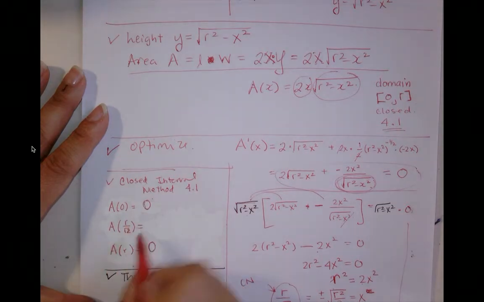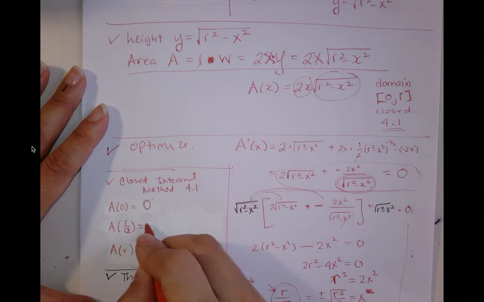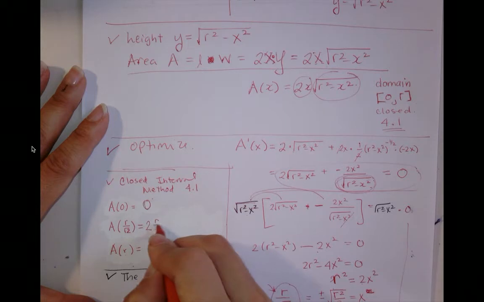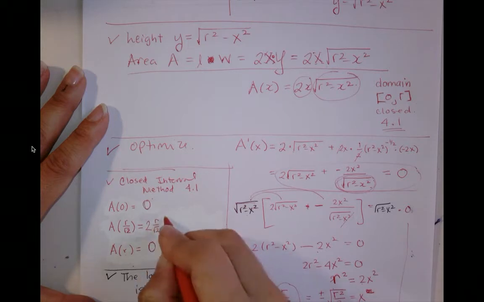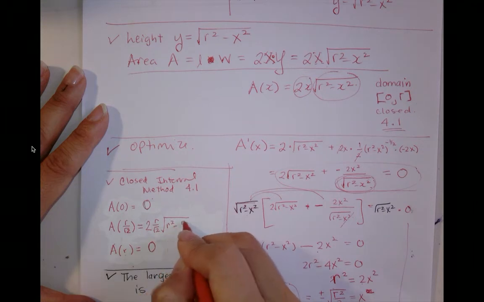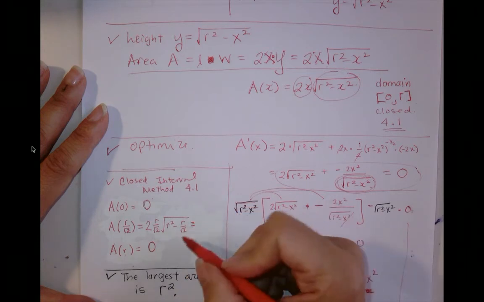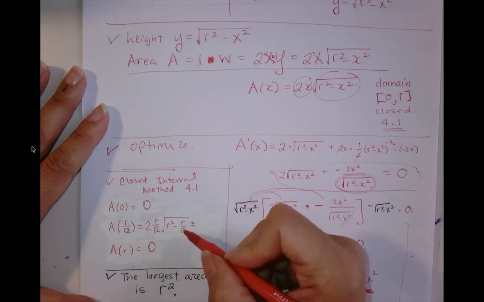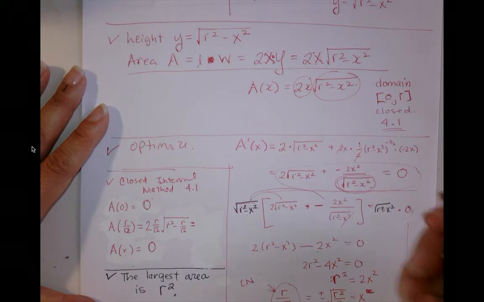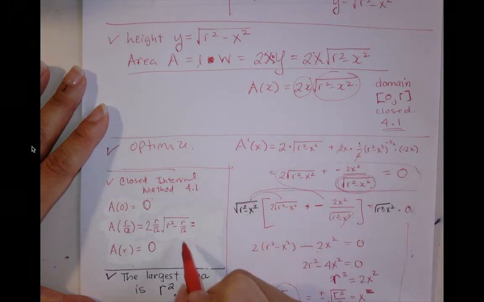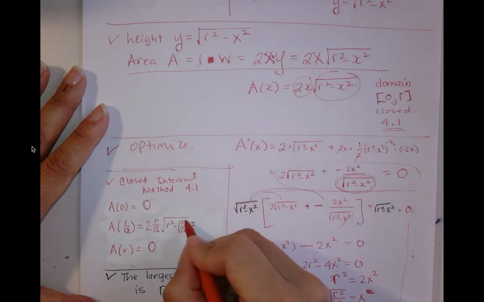Remember, we're substituting this into the original equation. So this is 2 times r over root 2 times the square root of r squared minus (r over root 2) squared.